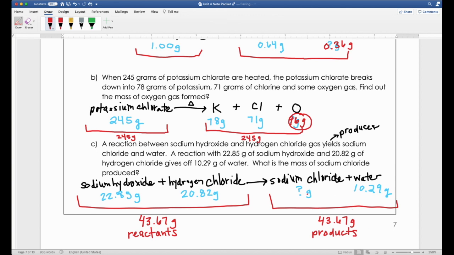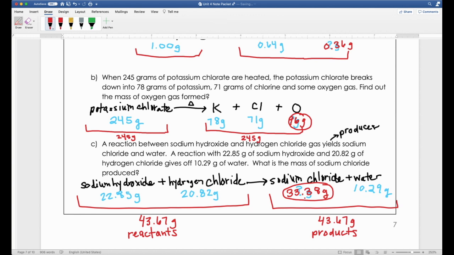So what plus 10.29 gives me 43.67? You do a little subtraction there, and you should find that you should produce 33.38 grams of sodium chloride as a result.